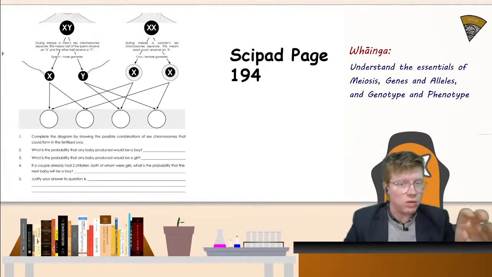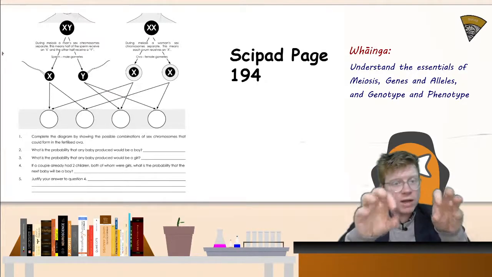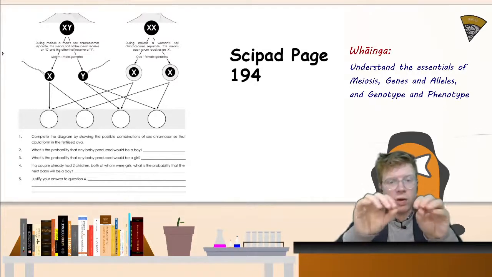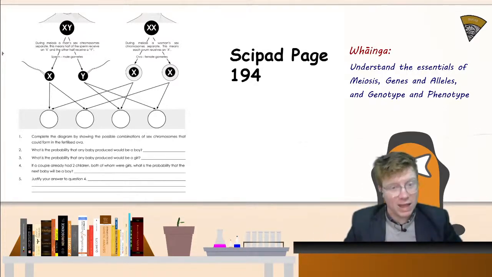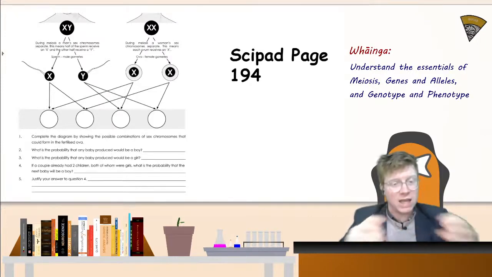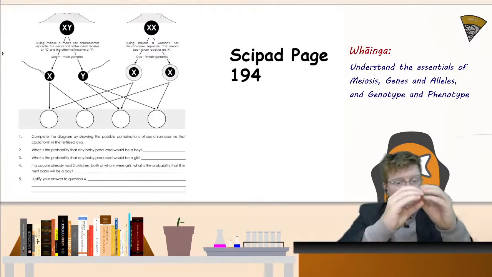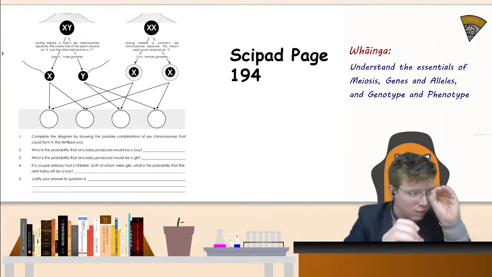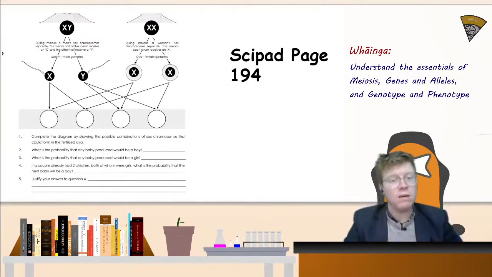You then have your 2 copies of X and your 2 copies of Y in 2 cells after that first cell division of meiosis. Those cells then split again, so you've got either 1 X over here, 1 X over here, or 1 Y chromosome here, 1 Y chromosome there.